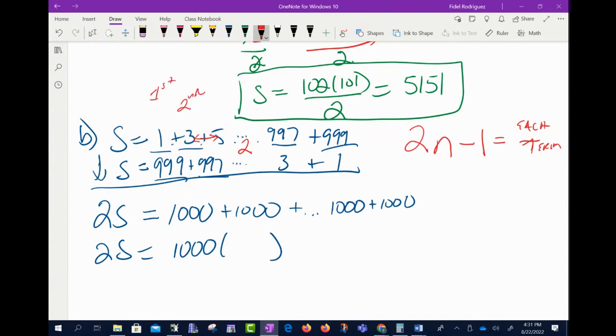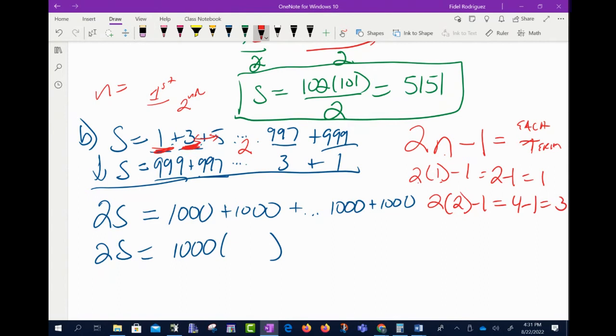That's the second term. So these are going to be my values of n. If this is my first term, I want to show you something. If I were to plug in n equals 1, 2 times 1 minus 1. 2 times 1 is 2. 2 minus 1 is 1. That's the value that I got right there. This is the second term. If I take 2 times 2 minus 1, that's going to give me 4 minus 1. That's 3. That's the value that I have right there.